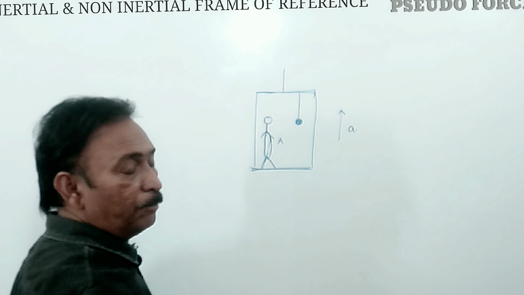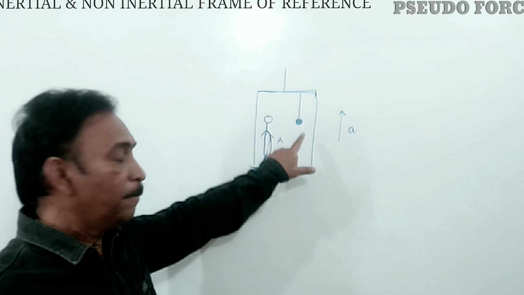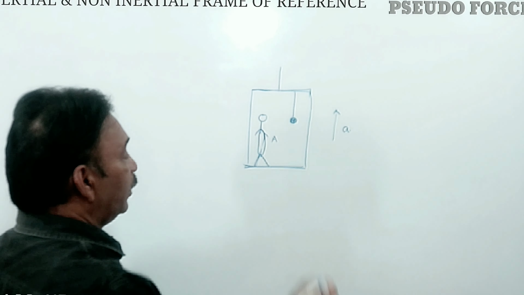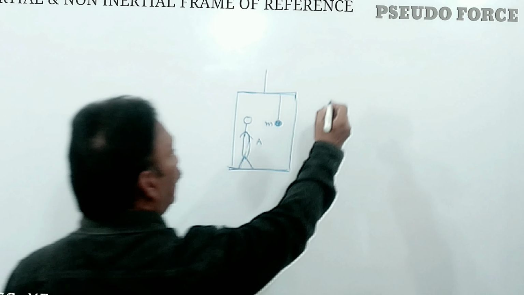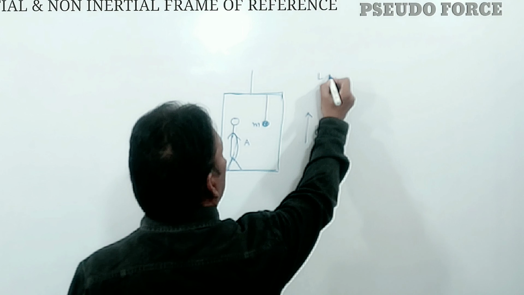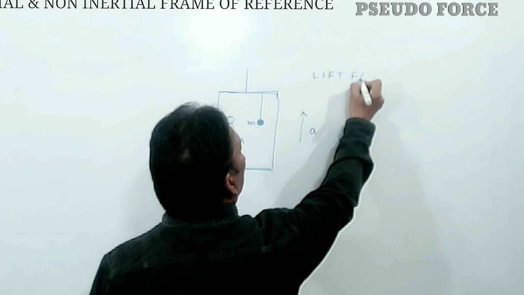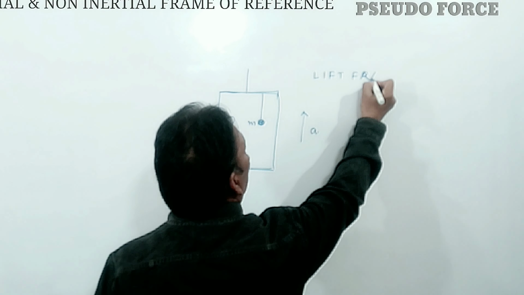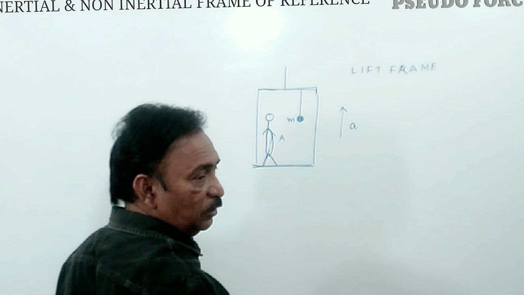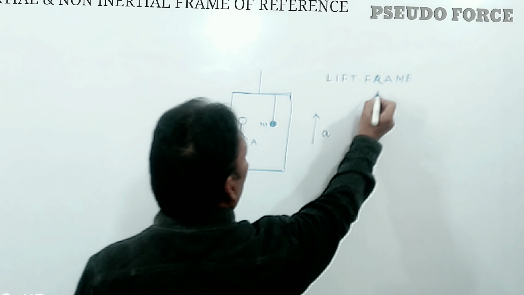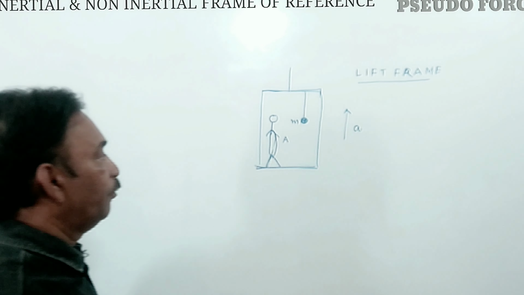He is observing this pendulum which has a mass of m. Okay. We are considering it as the lift frame. As you know that it is accelerated one, and simply we call it the non-inertial frame.